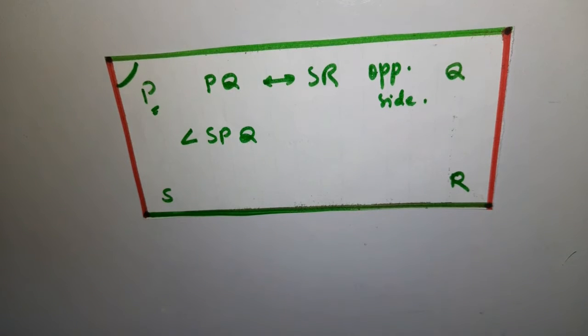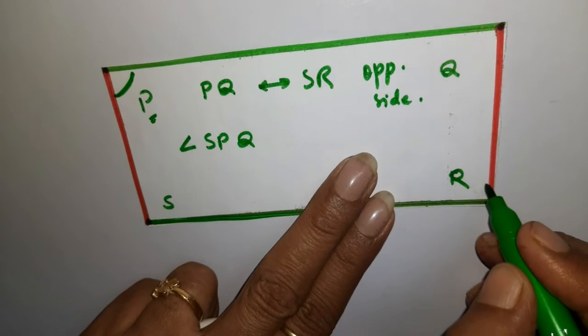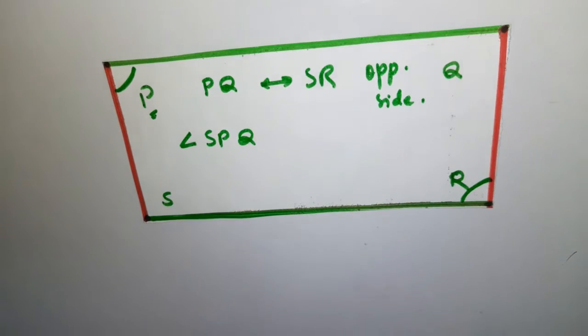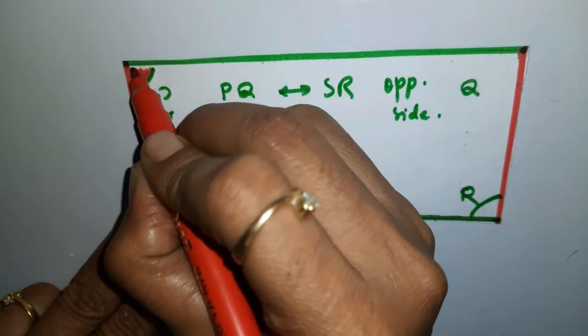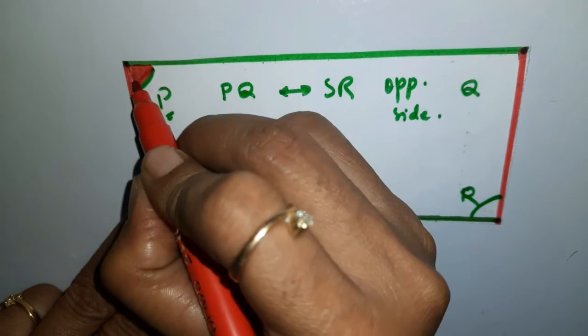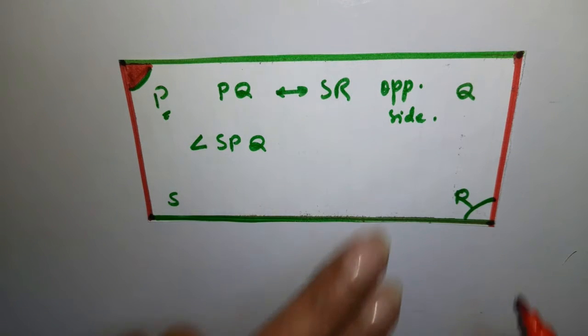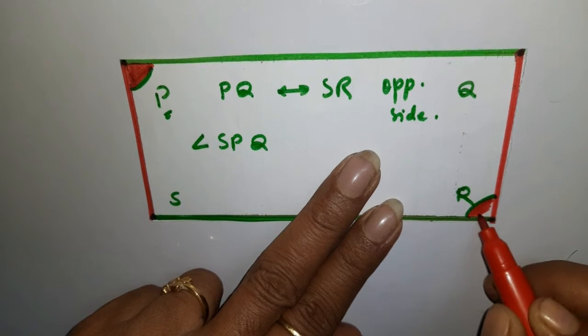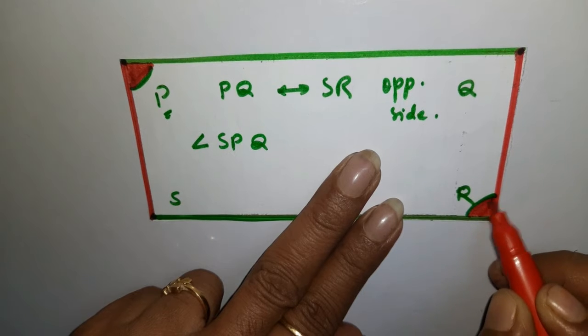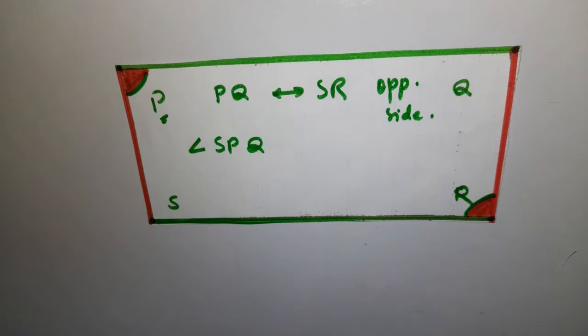Let me color it in another color. Say this one. You can see here we are having one angle, and here also we are having one angle. Now these two angles are opposite to each other.